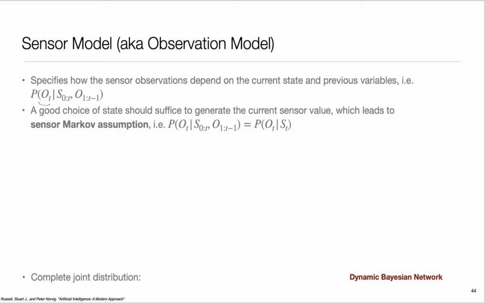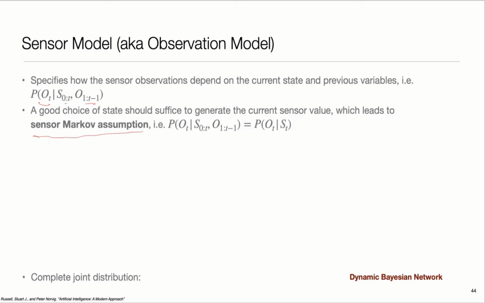Conceptually, this would depend upon all the preceding states as well as the preceding observations, because clearly it's not independent of them. But this is again going to be hugely complicated, so a very common assumption is another Markov assumption, which we call the sensor Markov assumption.